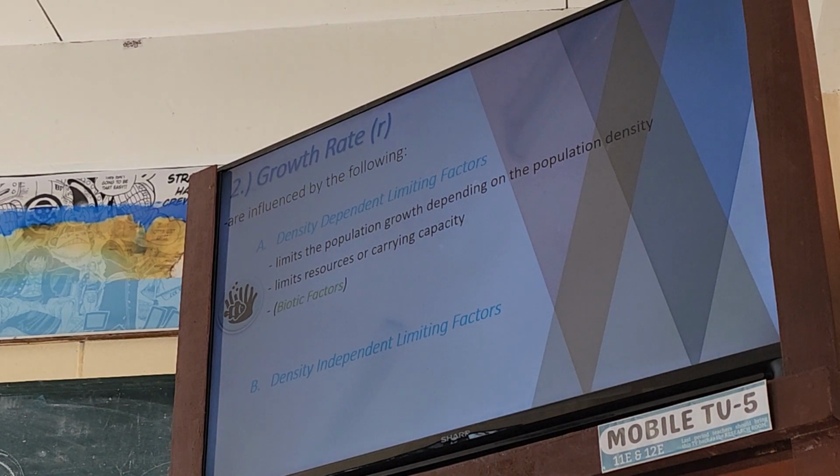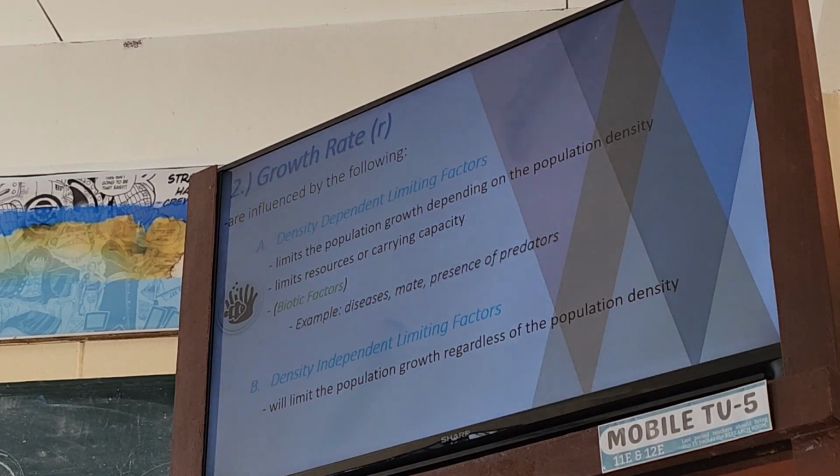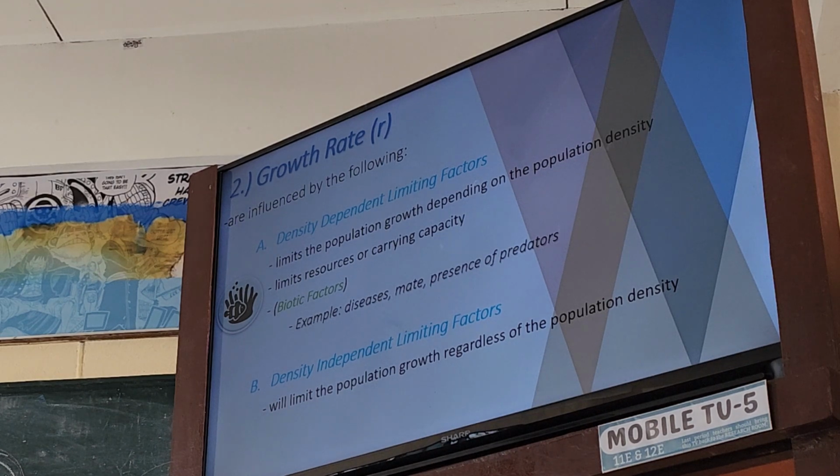However, there are factors, or situations, that limit the number of organisms living in a population no matter what the size. For example, a tsunami hitting Japan. It does not choose which prefecture it will hit. It goes straight through, regardless of the population or the population size.